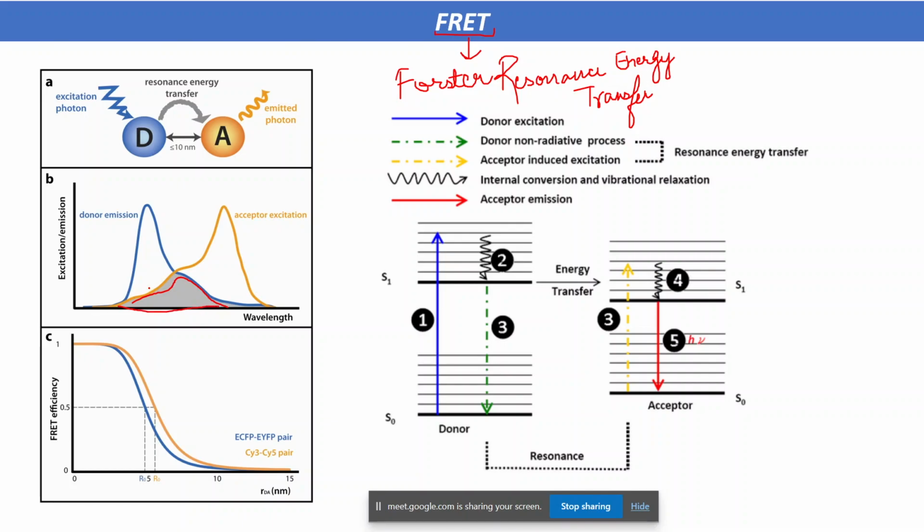So for a molecule to have FRET, there should be this kind of spectral overlap. Secondly, the distance between the donor and the acceptor should be less than 10 nanometers. Also, the orientation of the dipoles should be optimal for efficient FRET to occur.